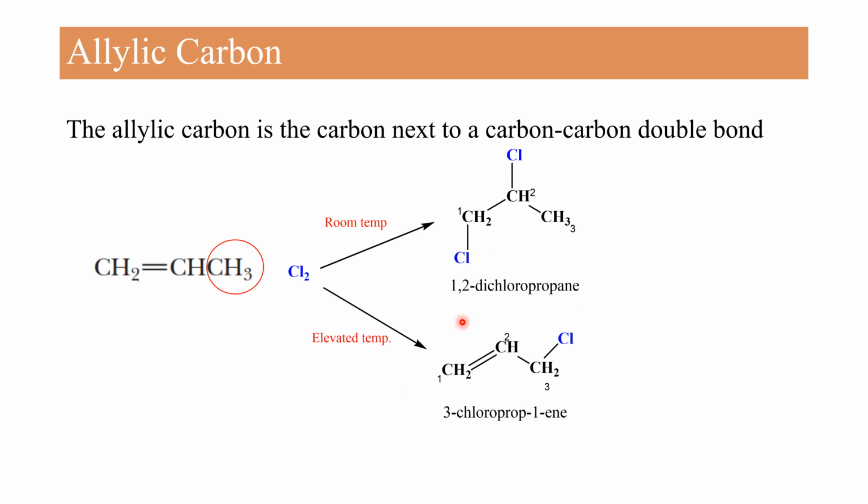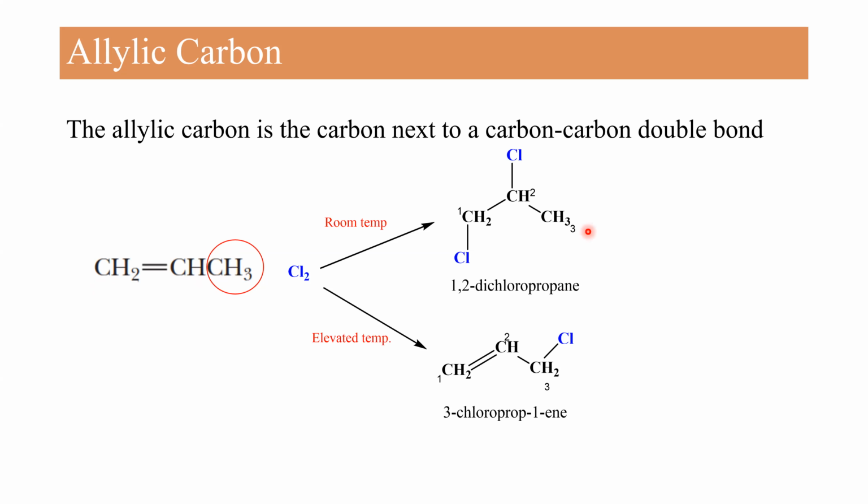And the simplest example of the allyl is propene, because there is the doubly bonded carbon, and there is a third carbon which is just adjacent to this one. So you can have the allyl carbon in a longer chain as well, but you have to focus on which one is the allylic carbon, the carbon just next to the doubly bonded carbon, right?